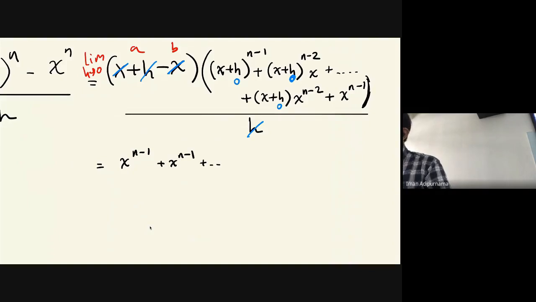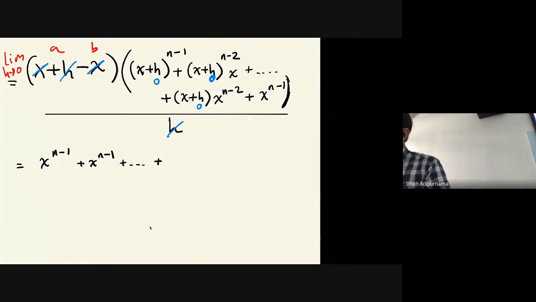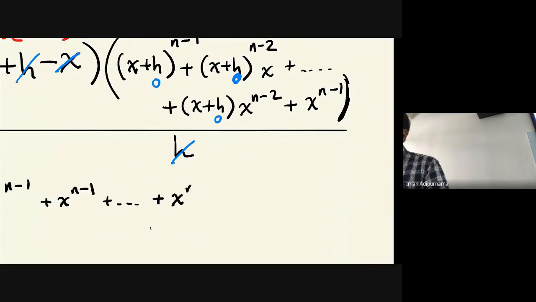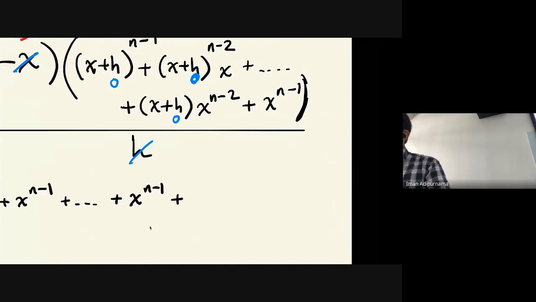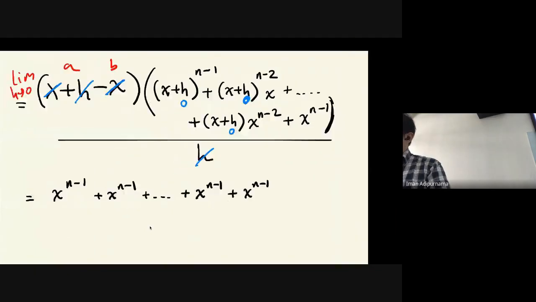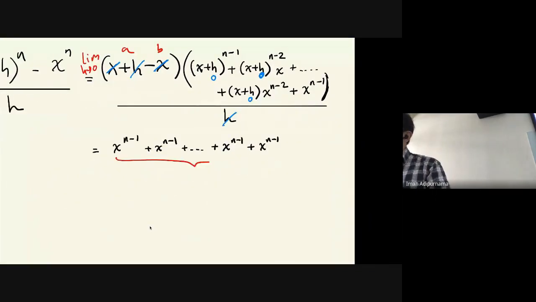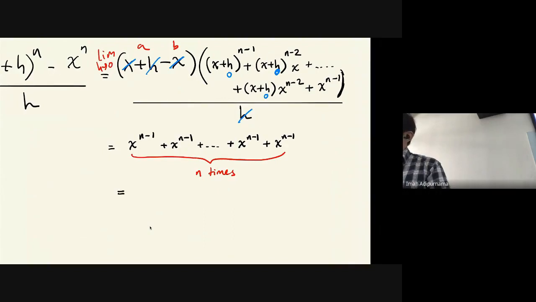So dot dot dot, and then the last two parts are x to the n minus 1, same, and the last part is just x to the n minus 1. So all will be x to the n minus 1, right? How many of x to the n minus 1 are here? Let's say it's n times, right? So we can simplify our plus plus plus plus here to become n multiplied by x to the n minus 1.